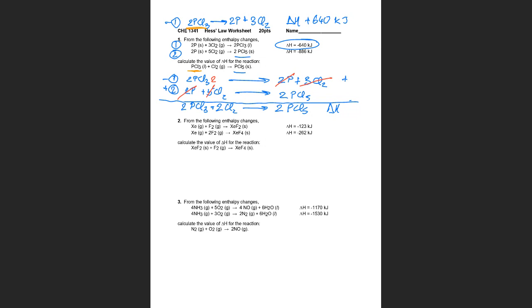The value for line 1 is plus 640. The value for line 2 is negative 886. Add those two numbers together, what do you get?